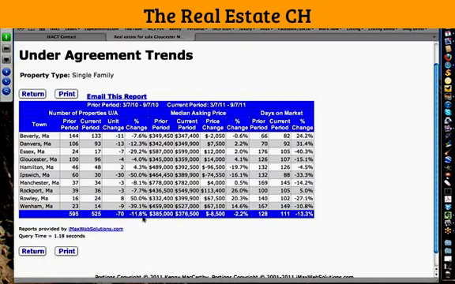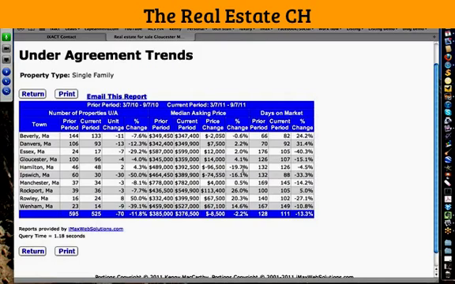So the number of properties that are under agreement, there are 12% less, 7% less in Beverly, and the prices at which they went under agreement, different from last year to this year, are very flat in Beverly, and overall it's only down 2% for all of the area. Now you look at some of these pockets here, Rockport, Rowley, Wenham, those are all up.